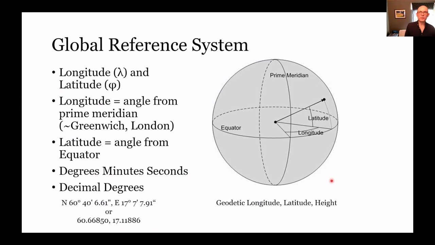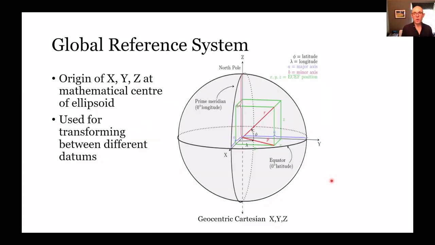There is another alternative using x, y, and z with linear coordinates, where we start off in the center of the globe, this geocentric Cartesian system. The problem is that we don't live inside the globe. We live on the surface of this, and moving around on this surface, every step we will make in one direction or another, doesn't matter where we go, will involve a change in all three coordinates, which is kind of inconvenient.